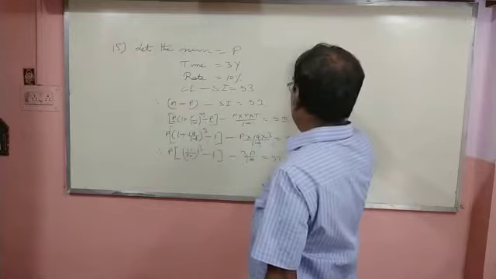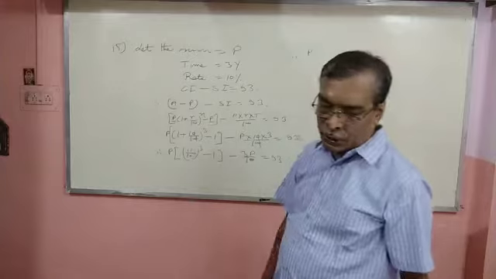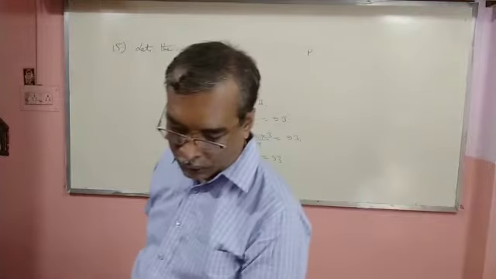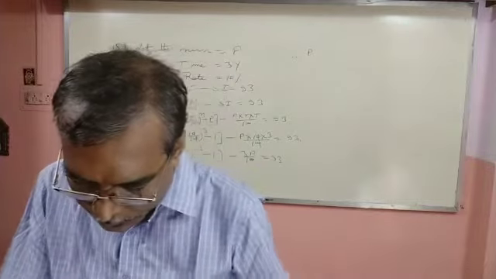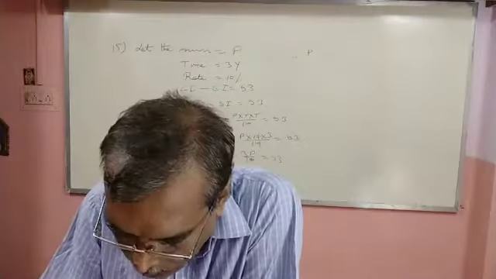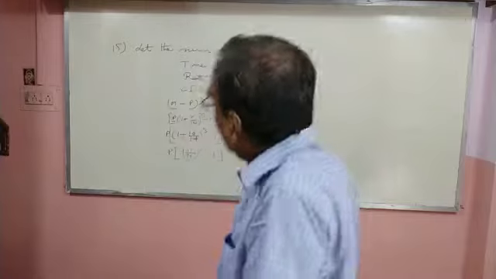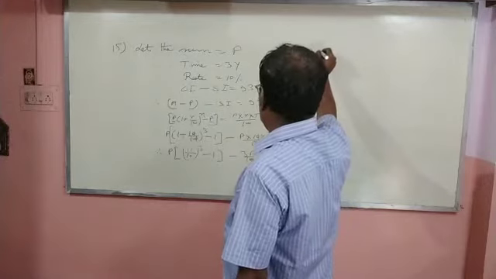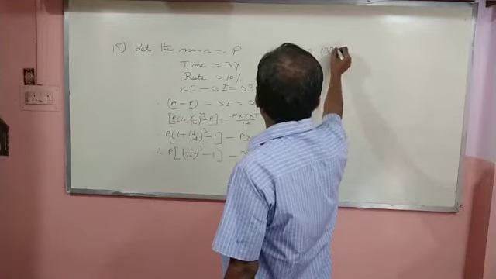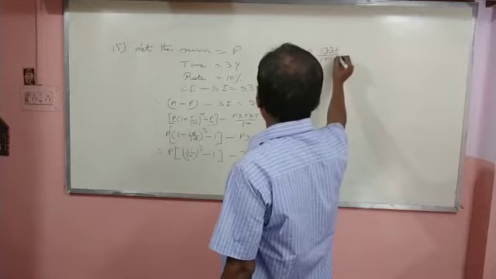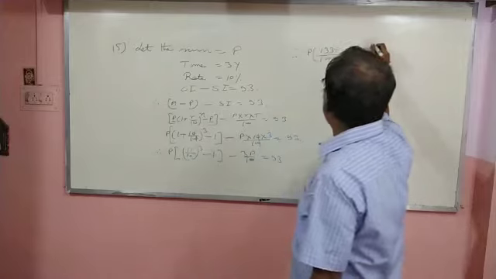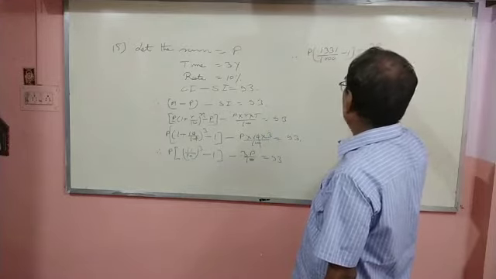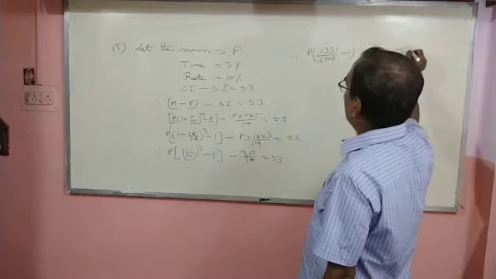Therefore, P. Now 11 cube, 11 cube is 1331 by 1000 minus 1, minus 3P by 10 is equal to 93.